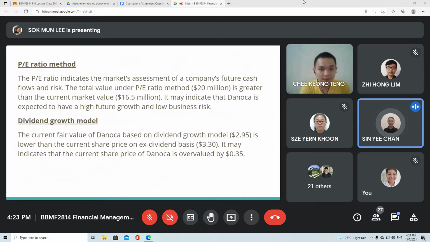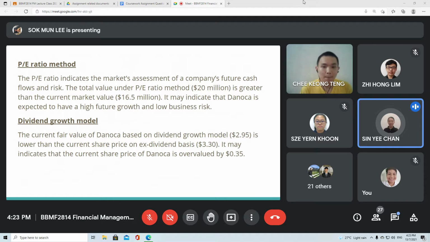Under the PE ratio method, the PE ratio indicates the market assessment of a company's future cash flow and risk. The total value under the PE ratio method is 20 million, which is greater than the current market value of 16.5 million.